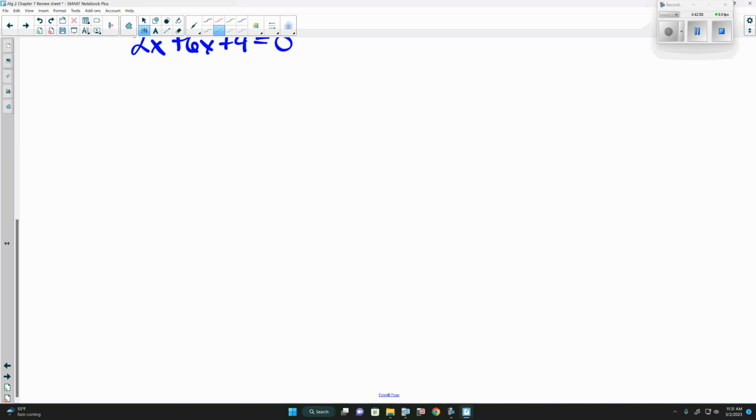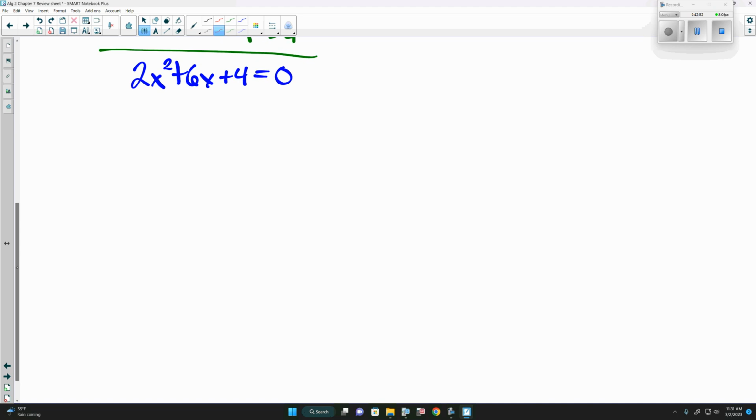We can factor, but if we do notice that all three terms have a common factor of 2, you can divide the whole thing by 2. So guys, come in quietly.